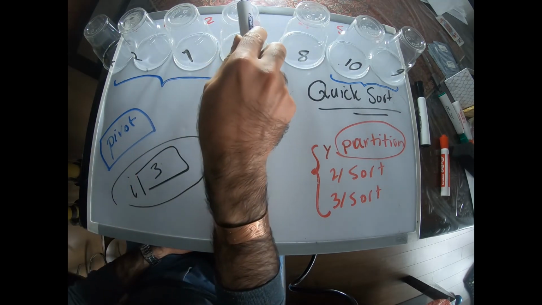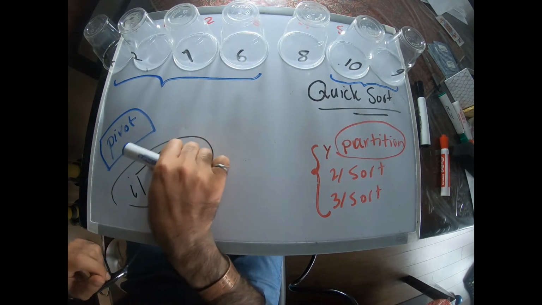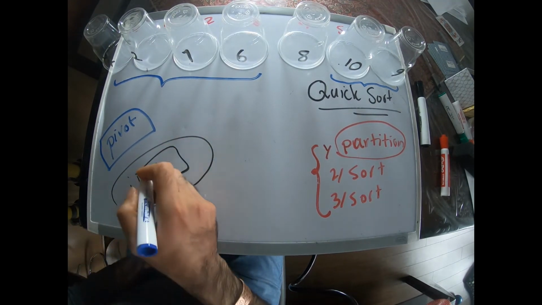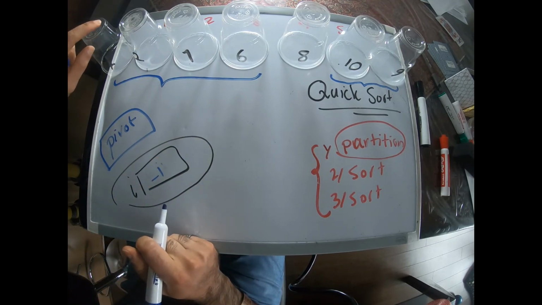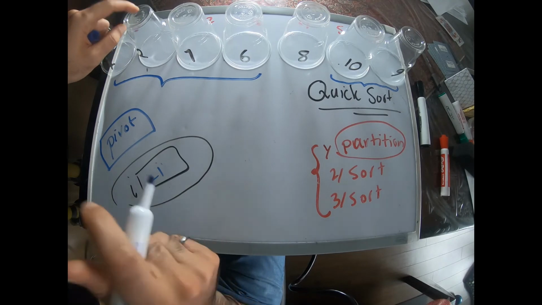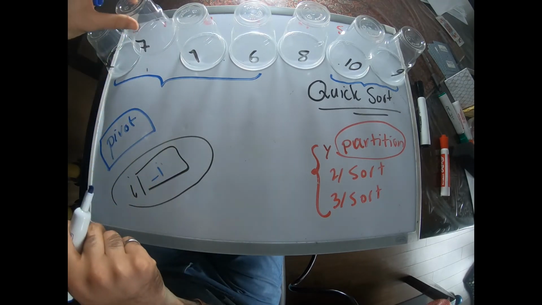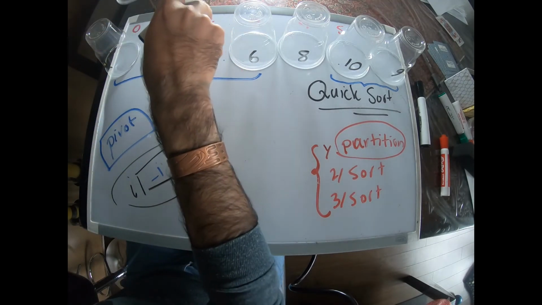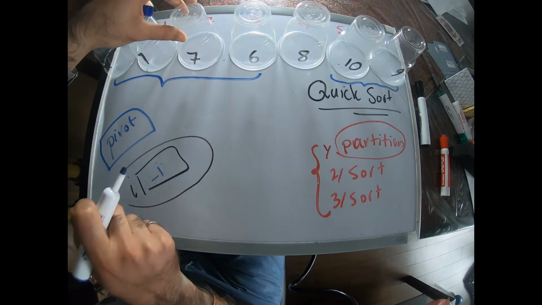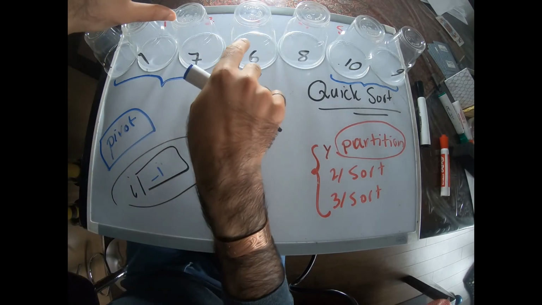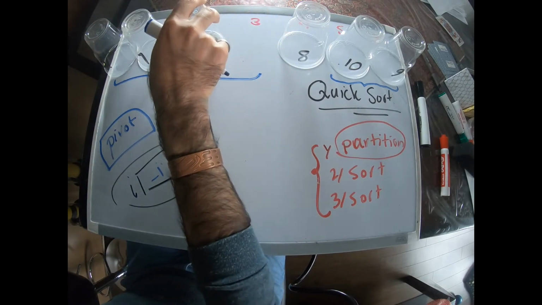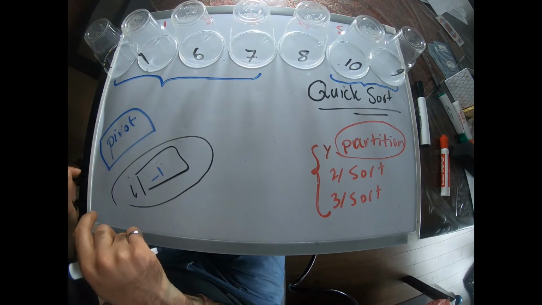So I choose this one as the pivot, right? I compare 7, it's not smaller. 2 is smaller, so I'm going to swap. 1 is smaller, I'm going to swap. Okay, and eventually I'm just going to swap these two as well.